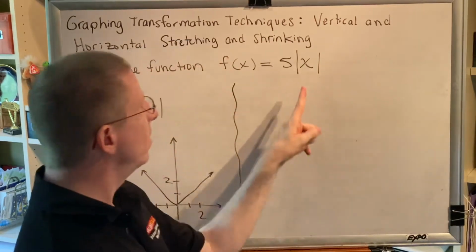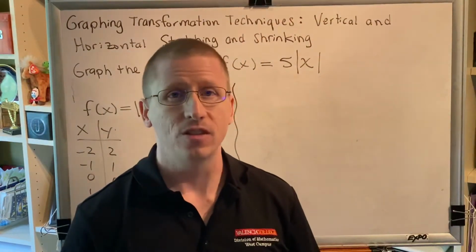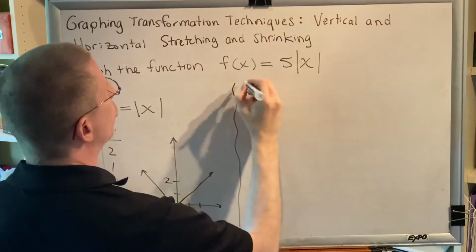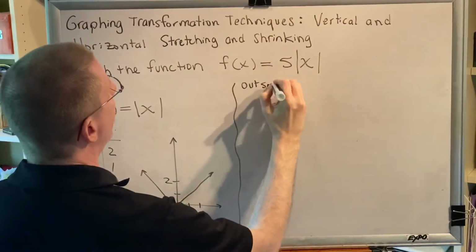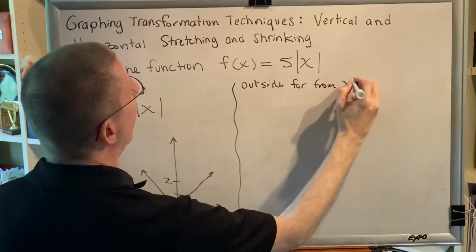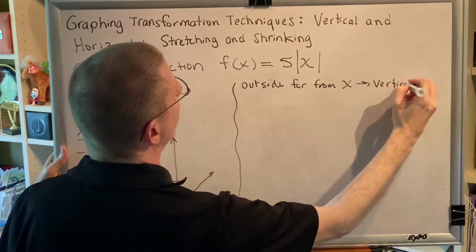Was it inside close to x or outside far from x? The answer is it's outside far from x. The 5 is outside far from x, so that makes this a vertical transformation.